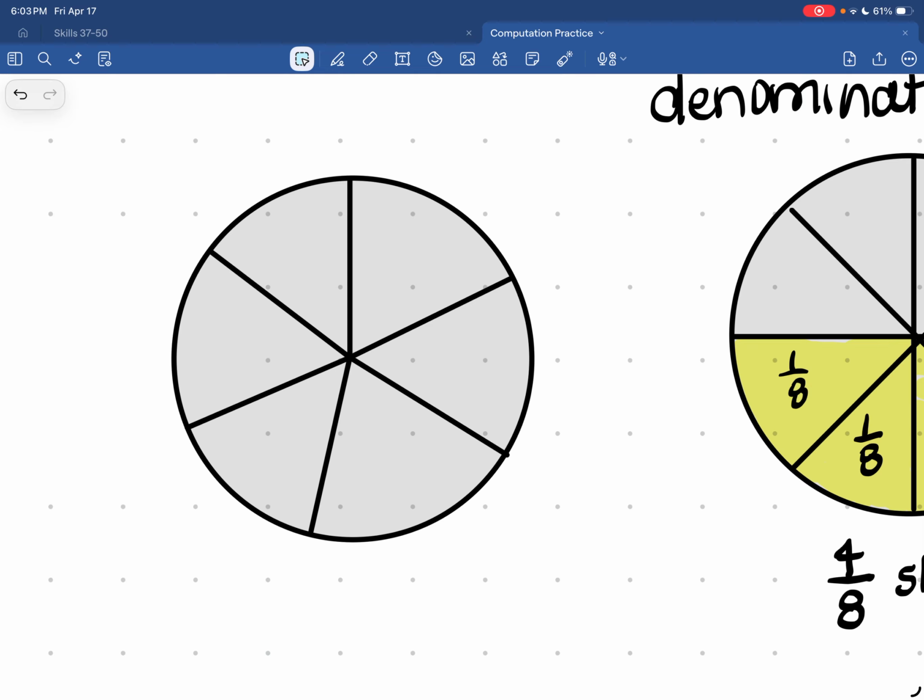So I want to color half of this pizza. And I'm going to use this one. My drawing is not exactly right, but let's pretend that those are all equal pieces. That nobody gets a bigger piece than somebody else. They're all exactly the same.